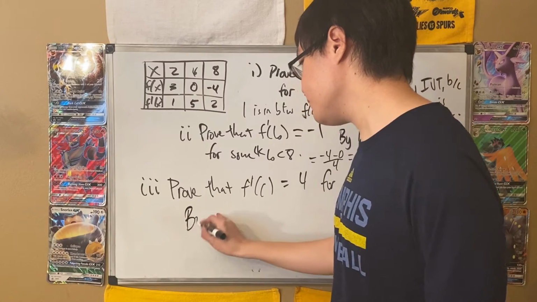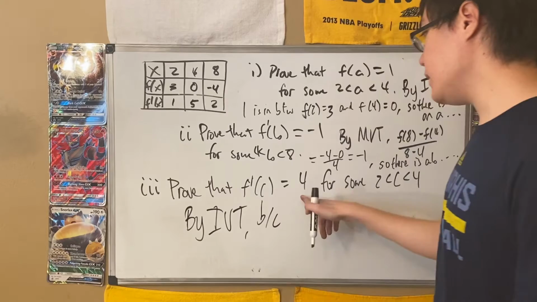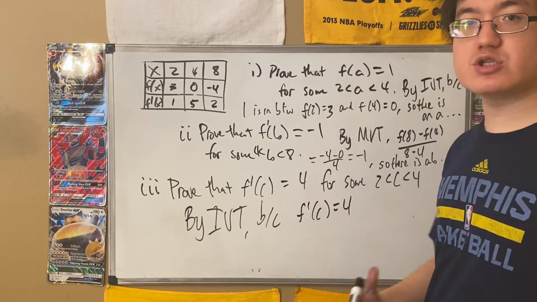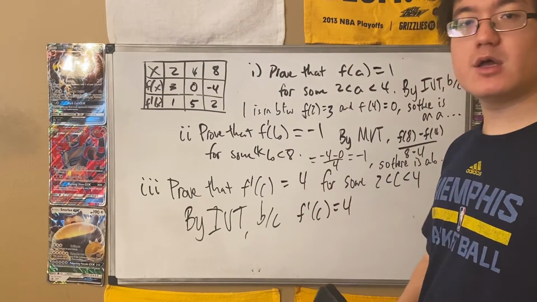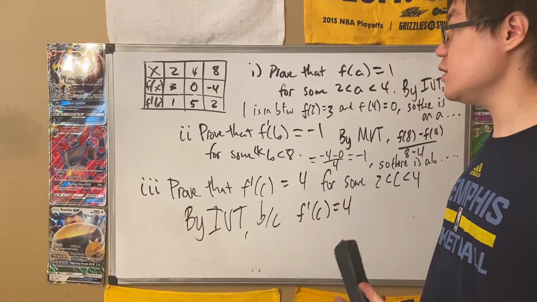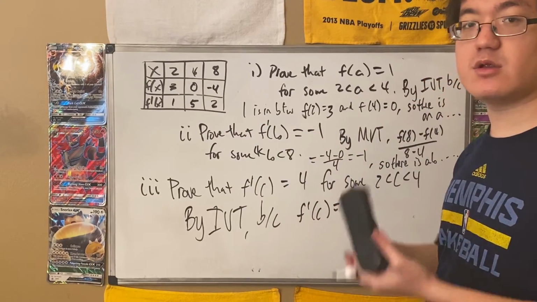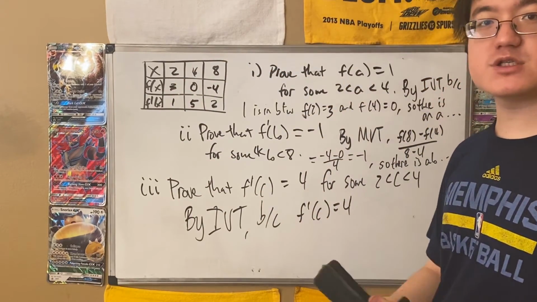So by IVT, because f prime of c equals 4, remember IVT, you just show that the y value you want, so now we're thinking about this as a y value, 4, is in between certain numbers. It's going to be the y values of the function that you're dealing with. In this case, we're not looking at the f row because we're dealing with a function f prime.